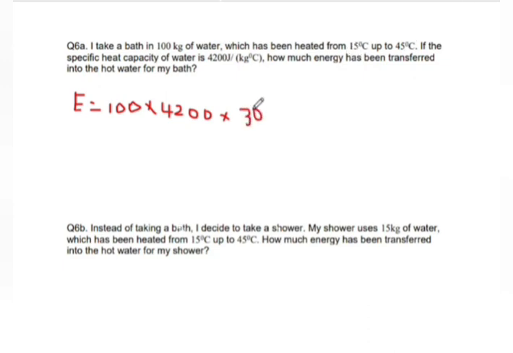When we multiply this out, our result is going to be equal to 12,600,000 joules. Dividing by 1 million, that's going to give me 12.6 megajoules.